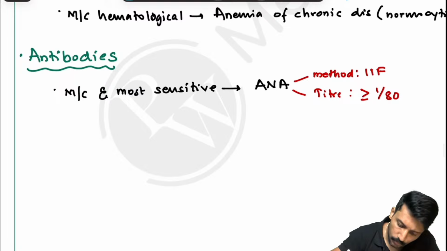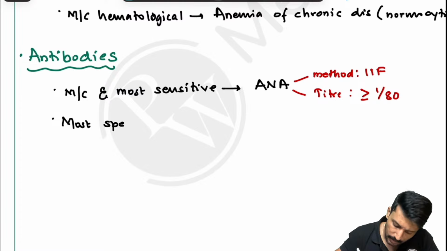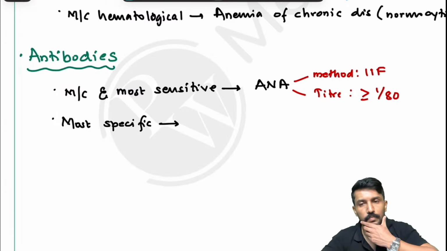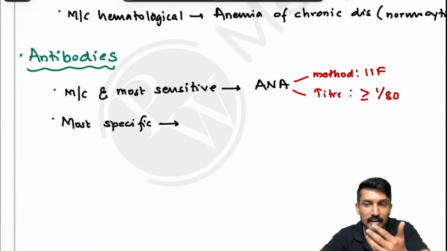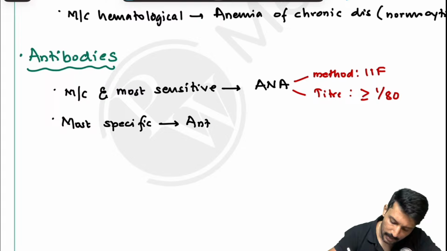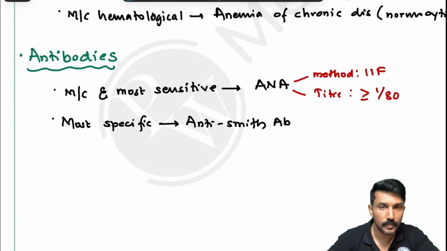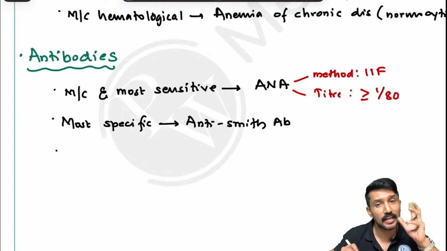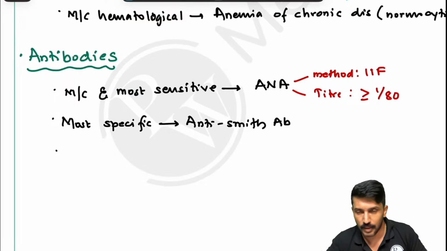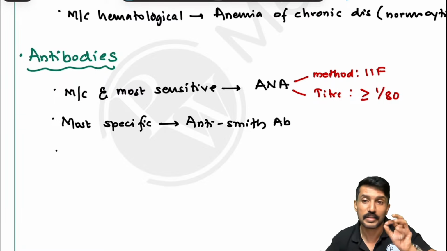Then they will ask you what is the most specific antibody. Most sensitive is ANA, but what is the most specific antibody? The most specific antibody is anti-Smith antibody. Then they will ask you what is the second most sensitive. And they will also ask you what is the second most specific.